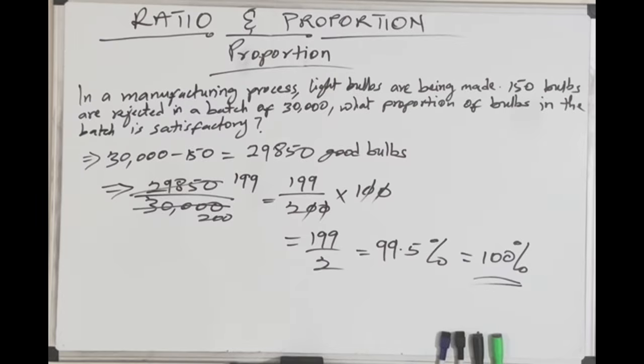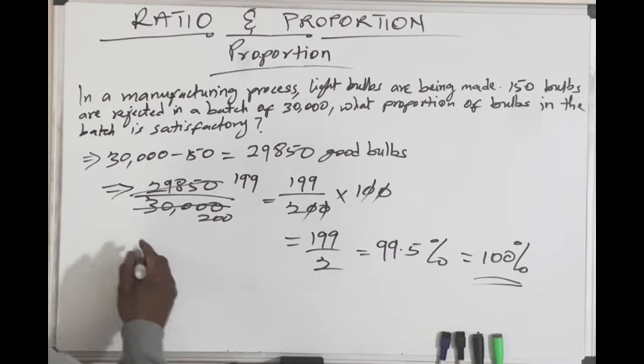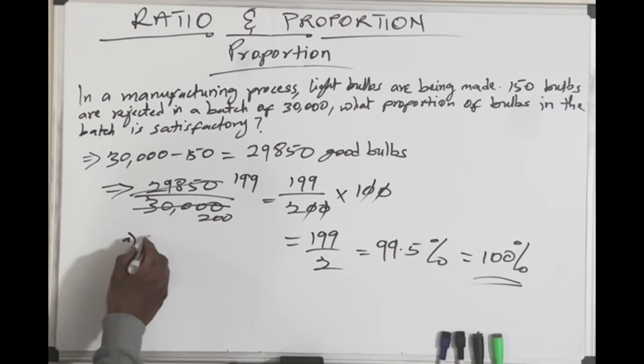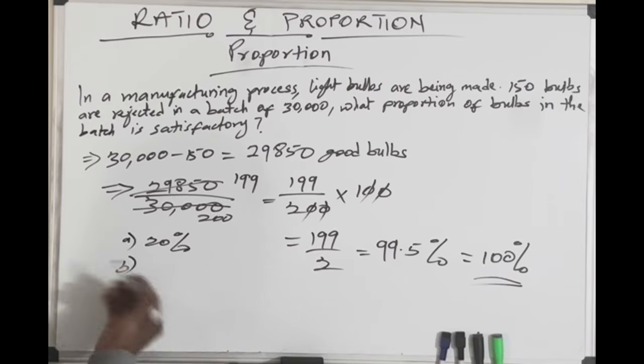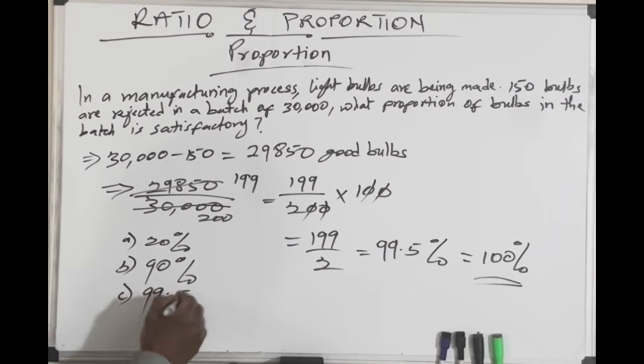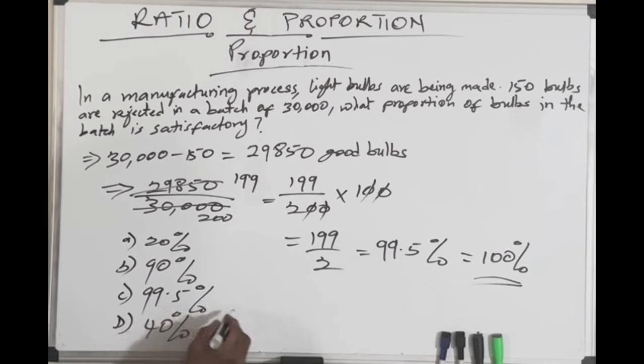Sometimes you just have to check, when we have options like A, let's say 20%, B, 90%, C, 99.5%, D, 40%. What are you going to opt for?